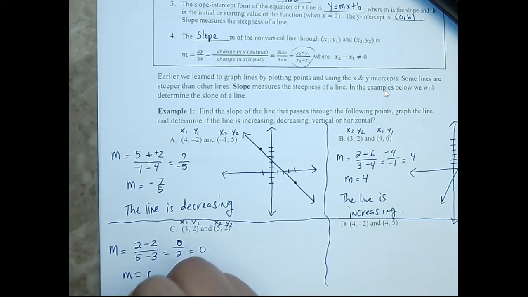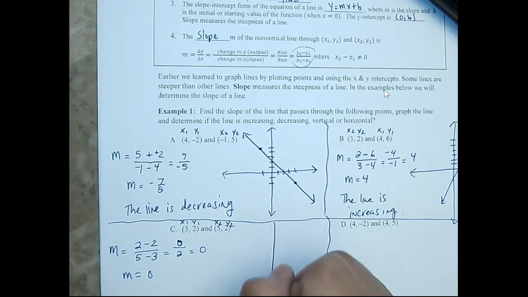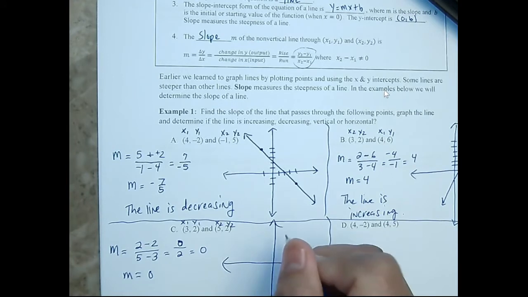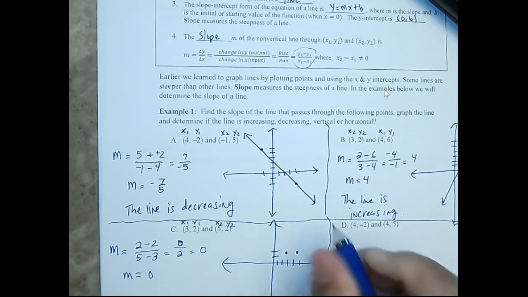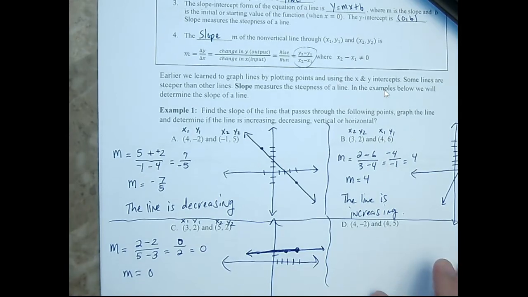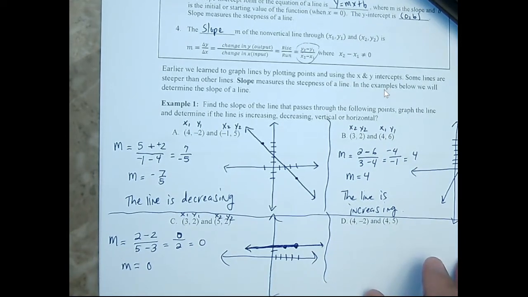Okay, so if we graph our line, we get (3, 2) and (5, 2). So you can see that our line is a horizontal line.